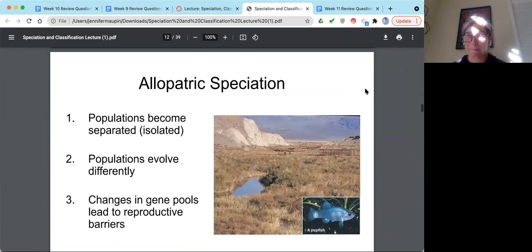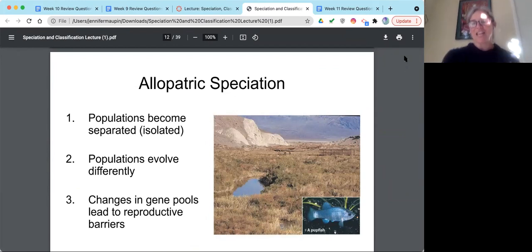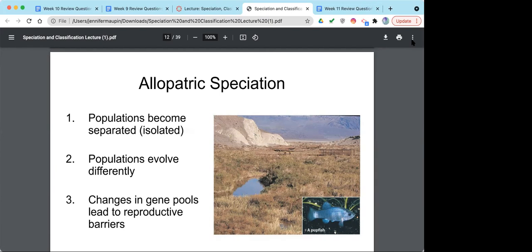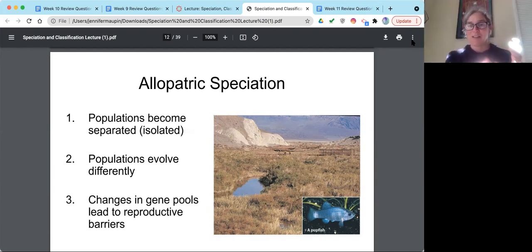Like they can't mate with each other? They can't mate with each other, right? So they're not having any exchange of genes. There's no gene flow to this isolated population. So that becomes its own separate entity. So you have an isolated population. That's the first step in allopatric speciation. Geographically isolated, right? They're not in the same area. They cannot come into contact with each other.